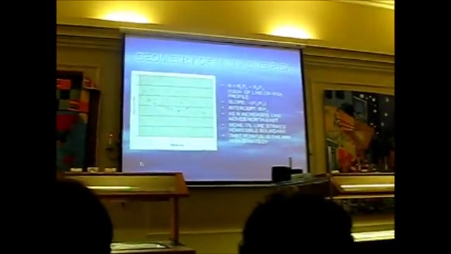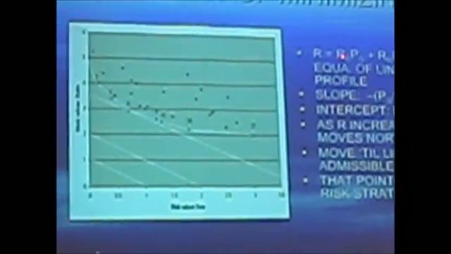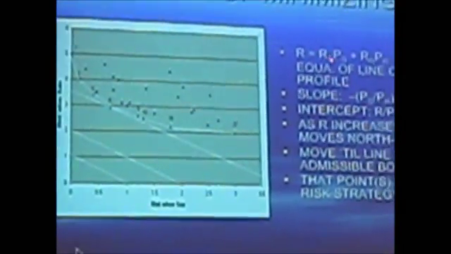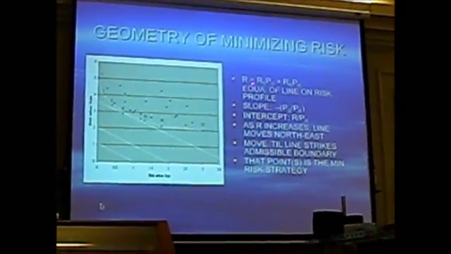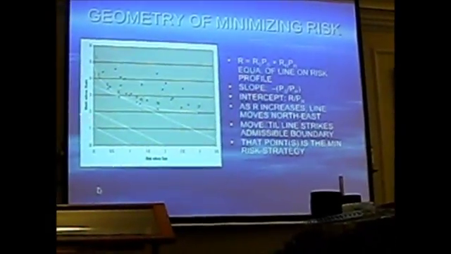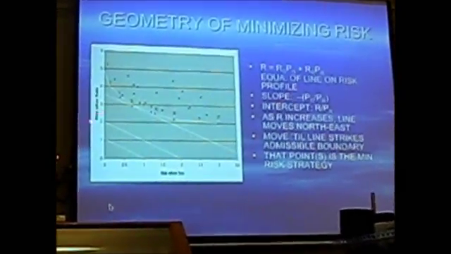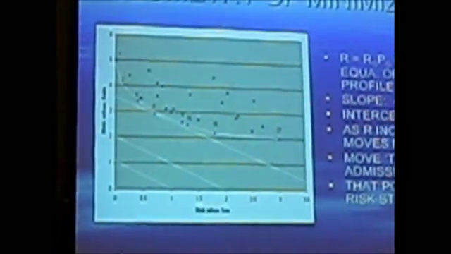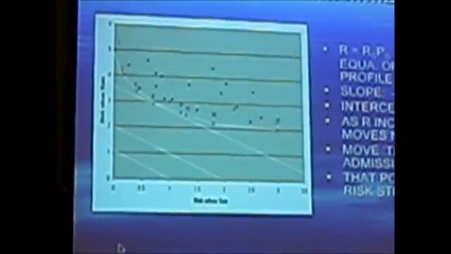Geometry. Most of you have had geometry. Let's just go back a minute. Notice the overall risk is a weighted average. The risk for sunny times the probability of sunny, plus the risk of rain times the probability of rain. This is an equation of a straight line. And so that defines straight lines with slope minus the probability of sun divided by the probability of rain.